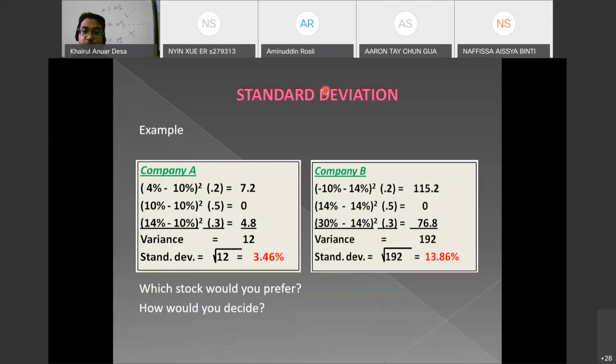Jiwa explorer, jiwa ingin mencuba, dan ingin mencari perhatian. So seperti juga dalam bidang kewangan, as kita cakap in the financial market, they go for riskier security such as stock exchange.